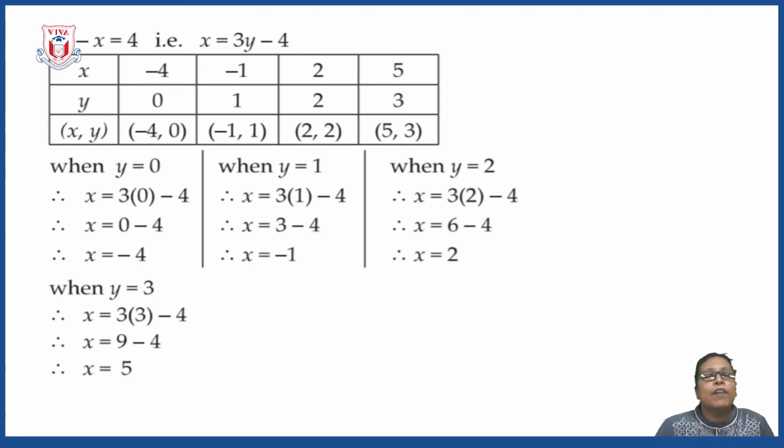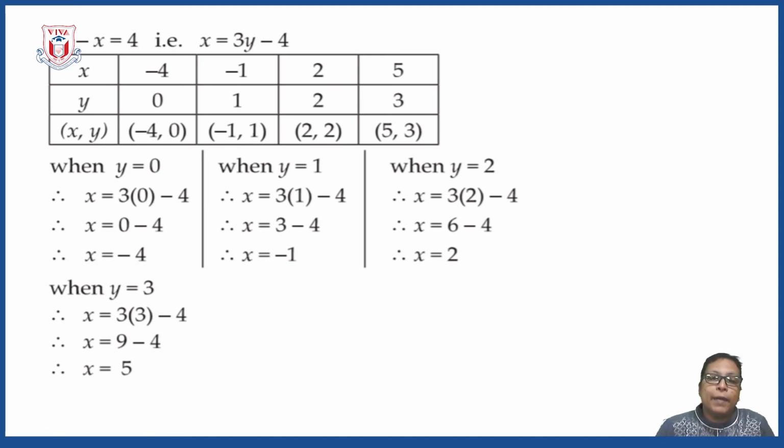So in the beginning y is taken as 0. The simplest way is to take the first value as 0. So when y is equal to 0, the equation will become x is equal to 0 minus 4 and therefore value of x is minus 4. You can take the second value as 1. So when we take y is equal to 1 and solve it, value of x will be minus 1.